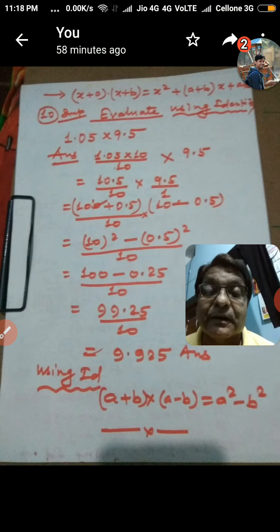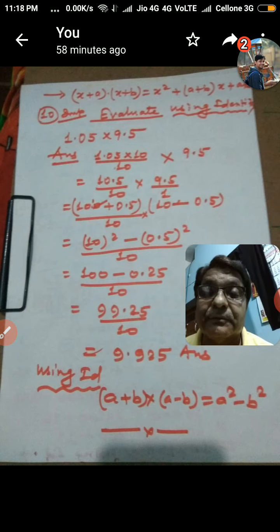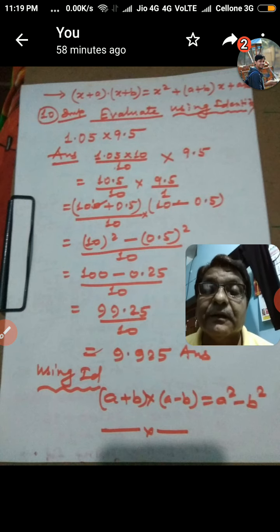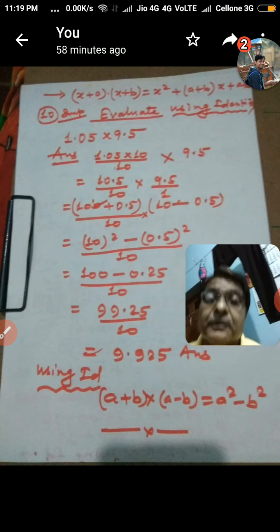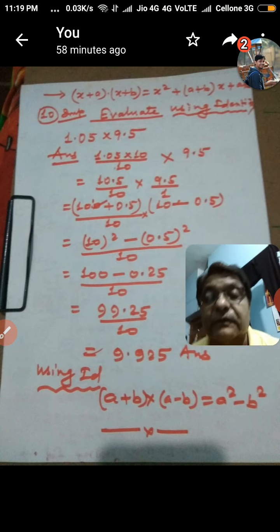This answer usually comes from a bright learner whenever I ask this question in class. Today in our class we have finished this month's syllabus, that is algebraic expressions. Since 2 days back we have finished, and today, like yesterday, we should have some practice questions.